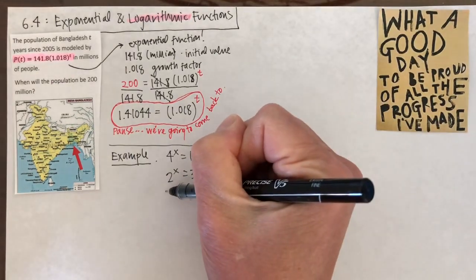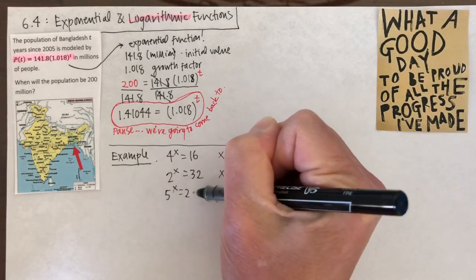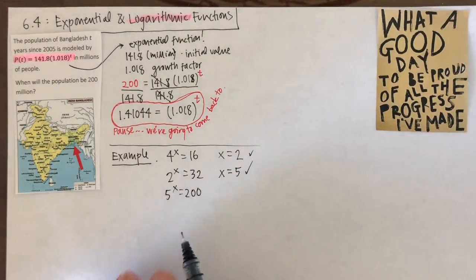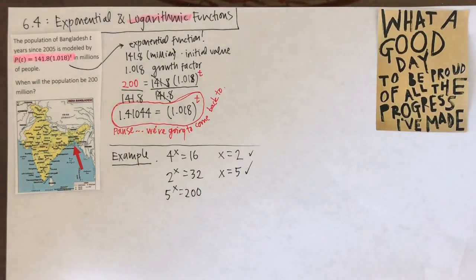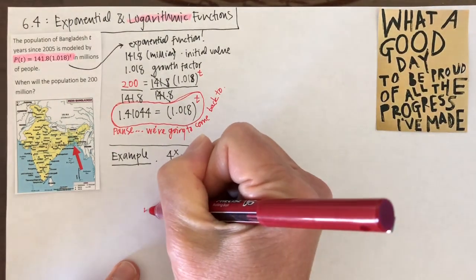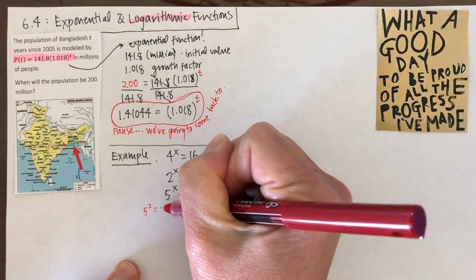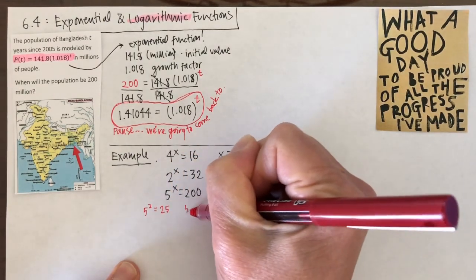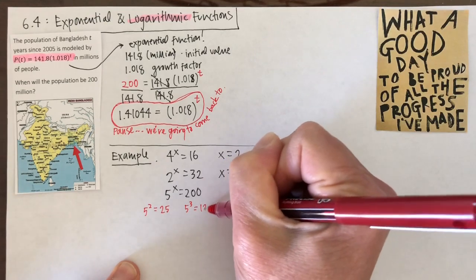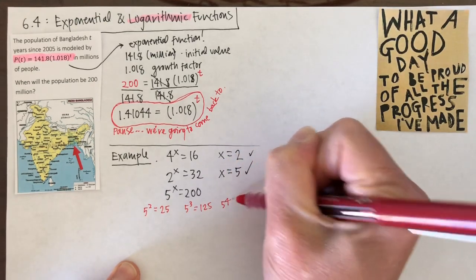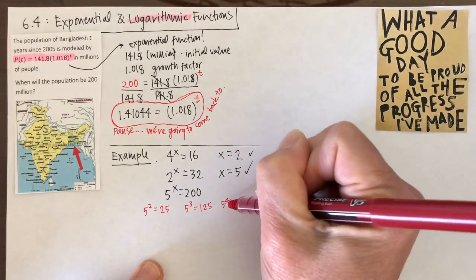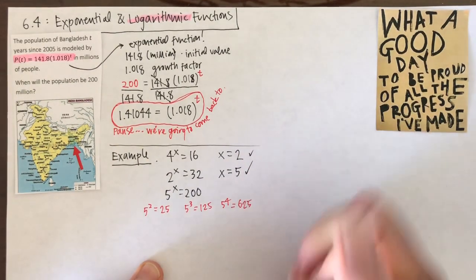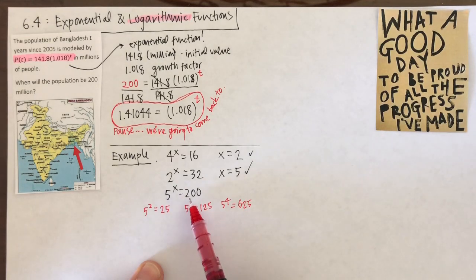Okay, what if I say that 5 to the x equals 200? Could we solve this for x? Well, I'm going to have to think about this for a minute. I know that 5 squared is 25, and 5 cubed is 125, and 5 to the 4th, that's 625. 5 to some power equals 200.